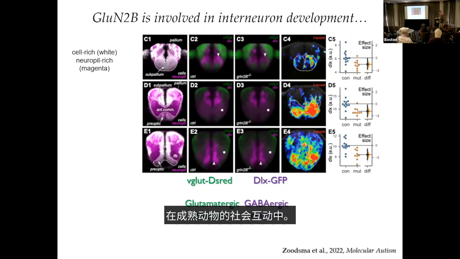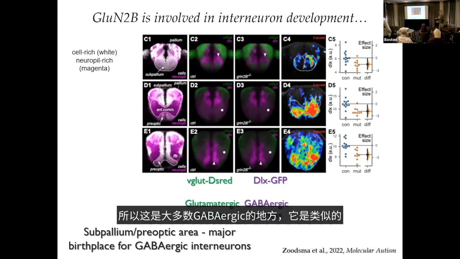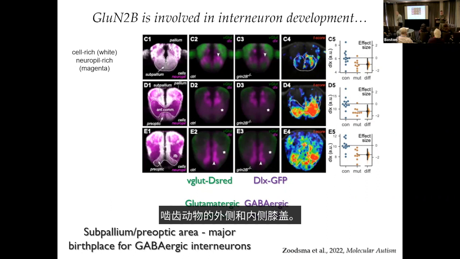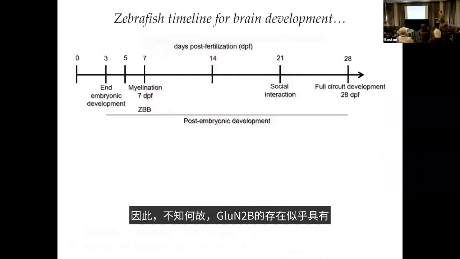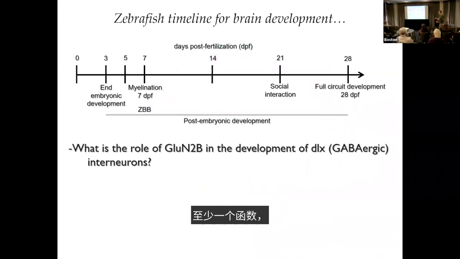And two, this region is the major birthplace for GABAergic interneurons, analogous to the lateral and medial geniculate in rodents. So somehow it appears that the presence of GLUN2B has at least one function, which is to disrupt the development of GABAergic interneurons.